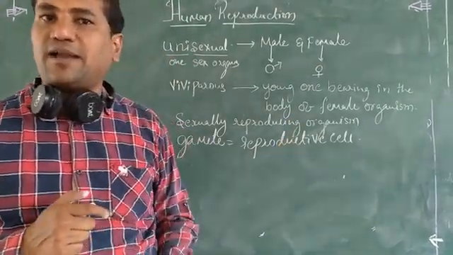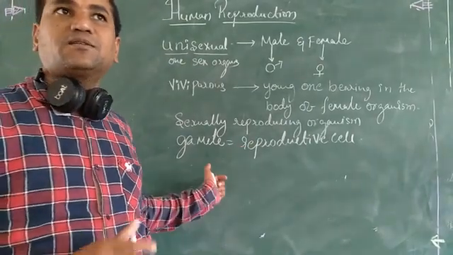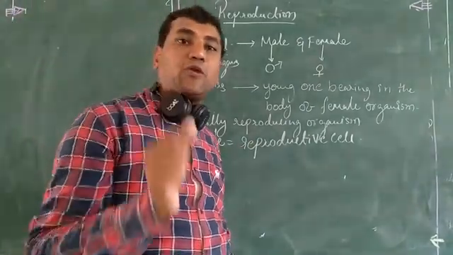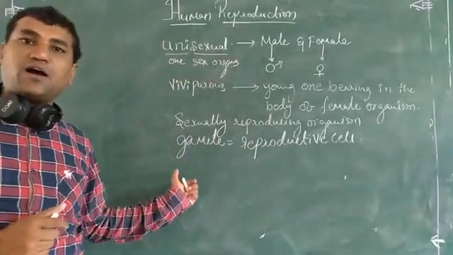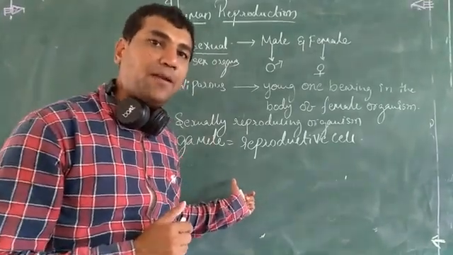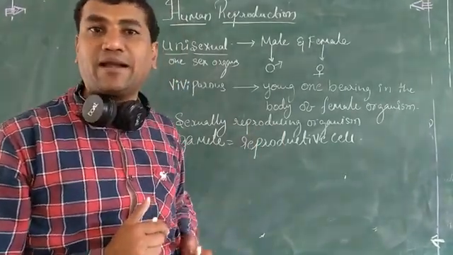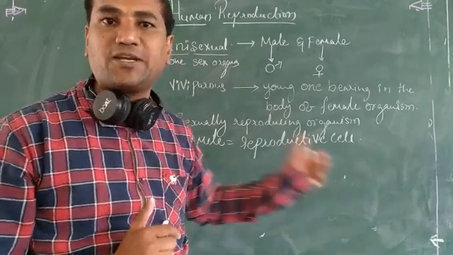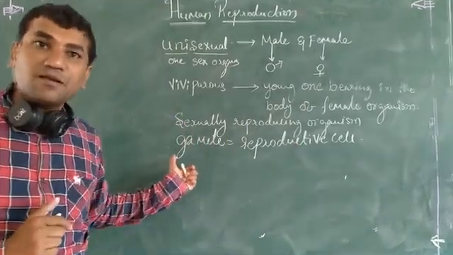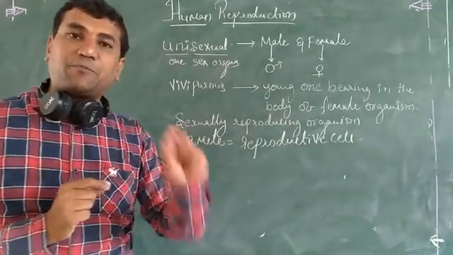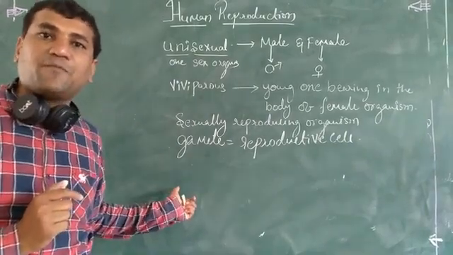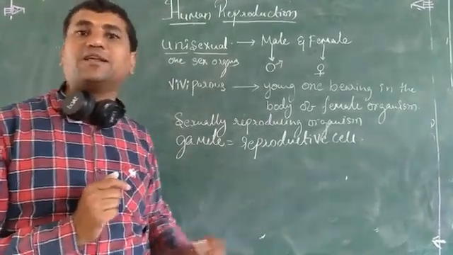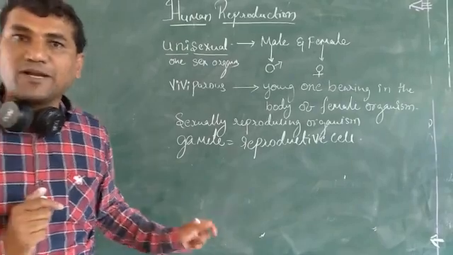When a reproductive cell is formed from the male part, it is called a male reproductive cell, and if a reproductive cell is formed from the female reproductive part, it is called a female reproductive cell.